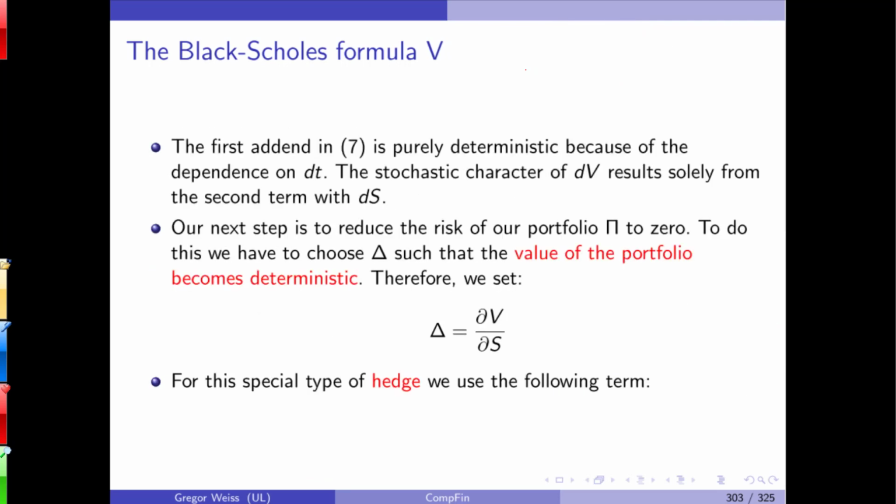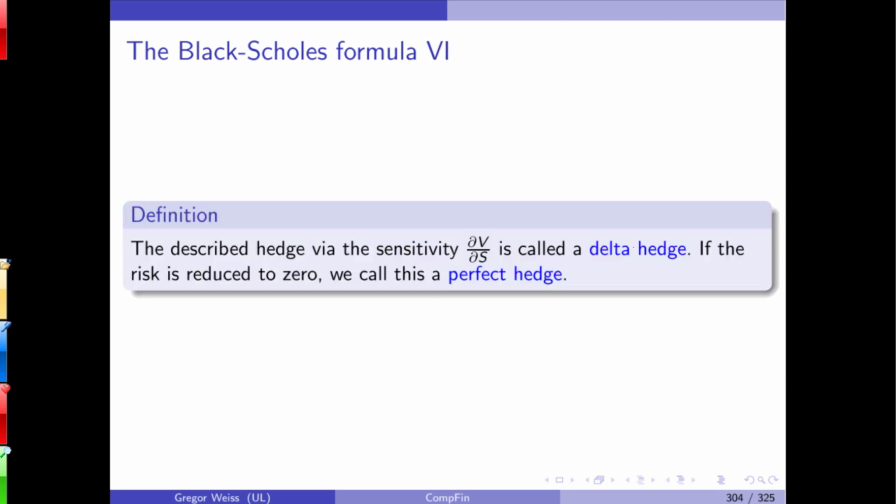And now what happens? This is what I just said. If we set delta to this partial derivative, this is called a delta hedge. You might remember, if you have taken my risk management class, the partial derivative of the derivative price with respect to the stock price is called what?